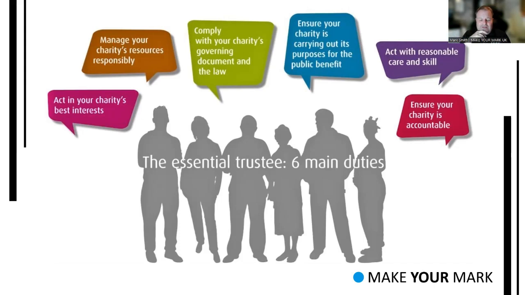Number 4, ensure your charity is carrying out its purposes for the public benefit. That's about planning what your charity will do, what you want to achieve. One of the things I always think about under this is avoiding what you call mission drift. Sometimes your mission, your charitable objects, may be really clear, or should be, about what you're delivering, maybe the geographical area you cover, maybe even the beneficiaries you cover.